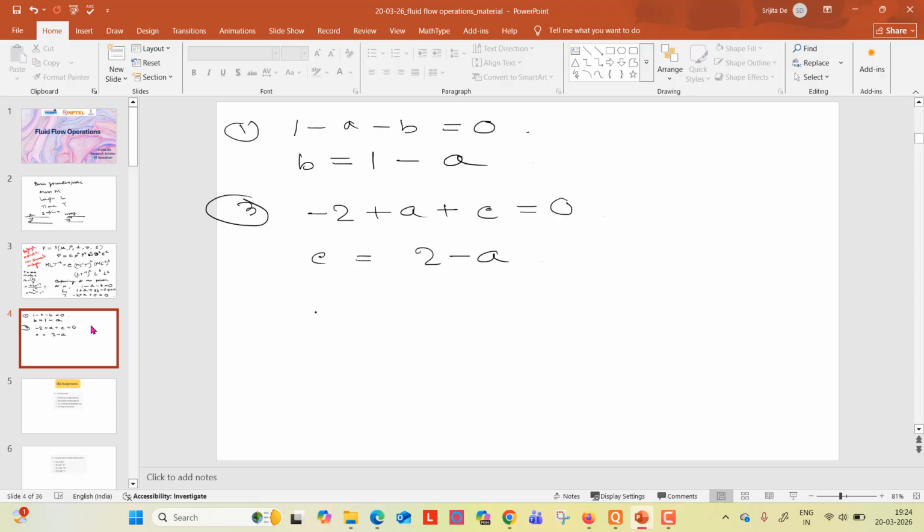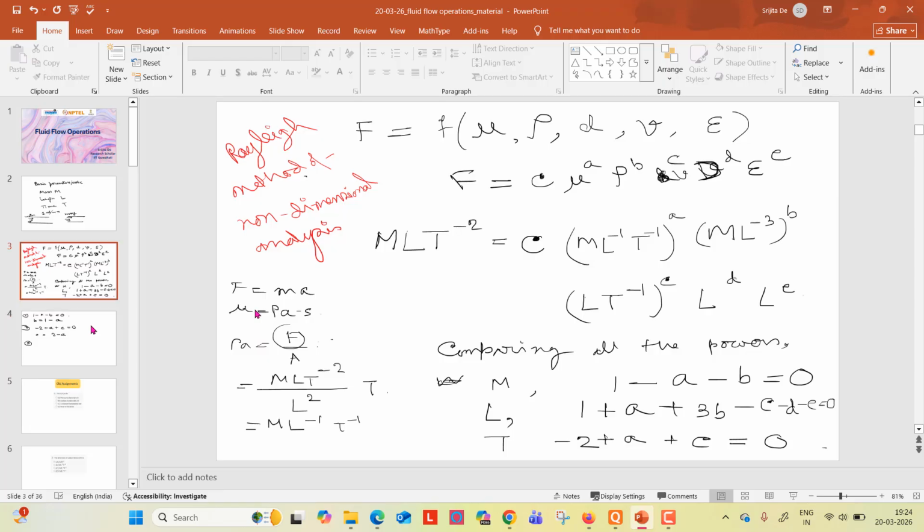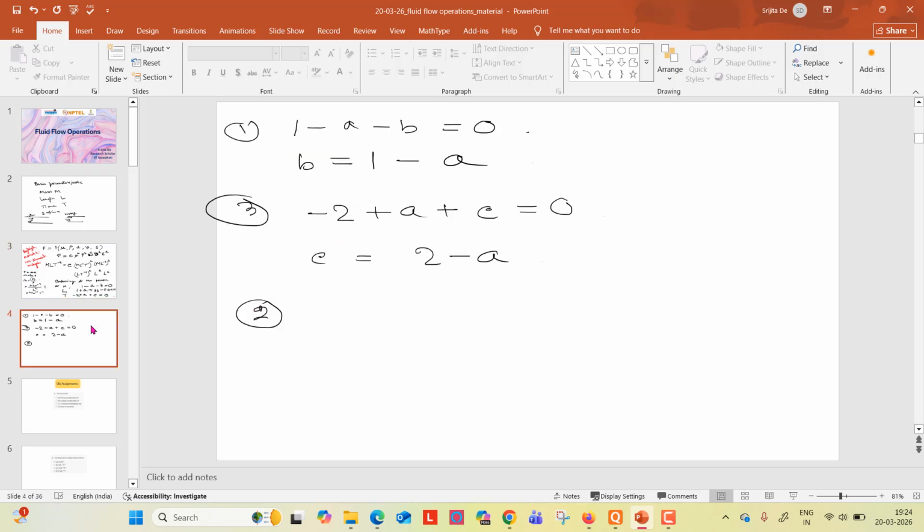And now if we put this b and c in the second equation, which was 1 plus a plus 3b minus c minus d minus e equals 0. Is it right?